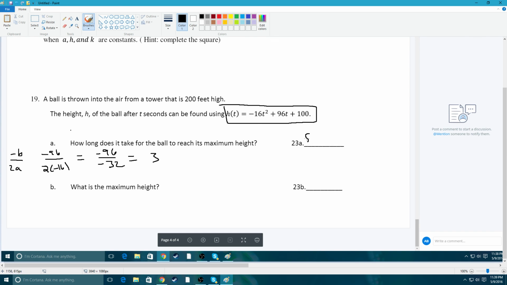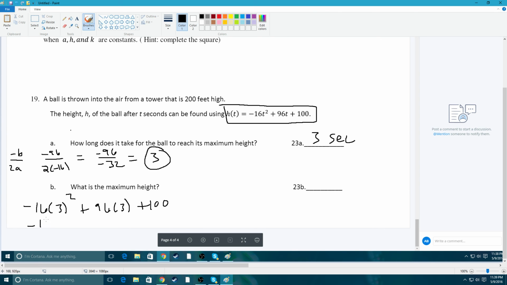So this would be 3 seconds. For the next part, what is the maximum height? You just take this number and plug it in. So negative 16 times 3 squared plus 96 times 3, plus 100.